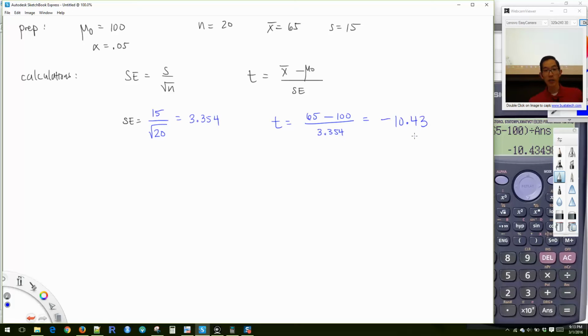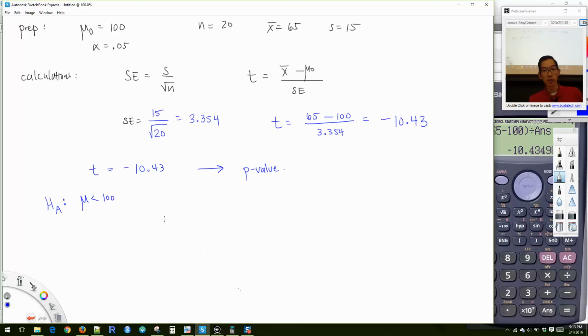Okay, so now what I want you to do is to go from your test statistic t is equal to negative 10.43, use your t-table, and find the corresponding p-value. Keep in mind that your alternative hypothesis currently says that mu is less than 100.